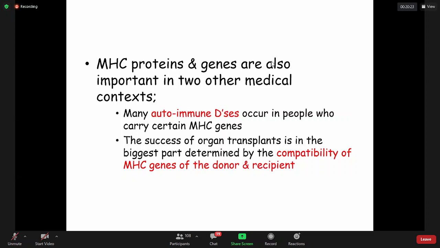And these MHC genes do play a role in generating autoimmune diseases. They also play a big role in compatibility of donors and recipients. So number one, they play a role in autoimmune disease, and they play a role in donor and recipient rejections.